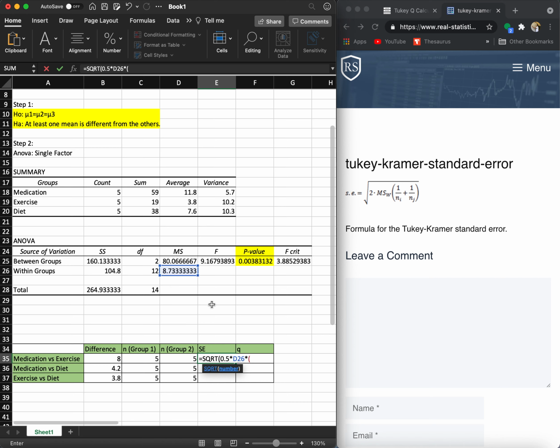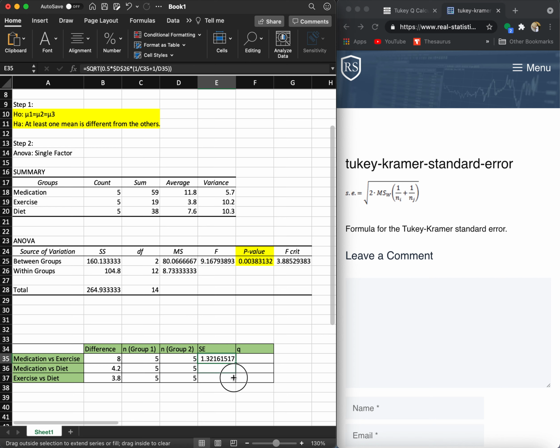Open parenthesis, 1 over n, the sample size for group 1, plus 1 over the n, the sample size for group 2. And we close the parentheses twice. And I want to type in F4 here, no, the dollar sign, in order for us to not change the mean square within. I'll click return.